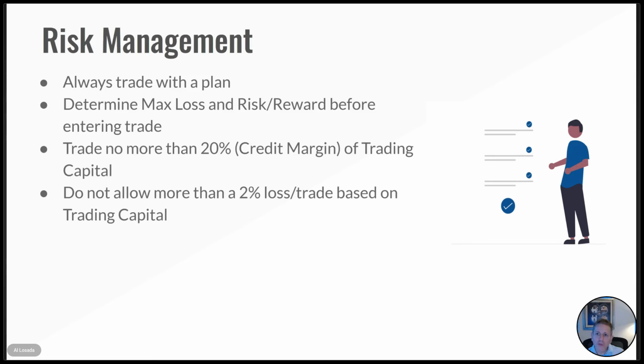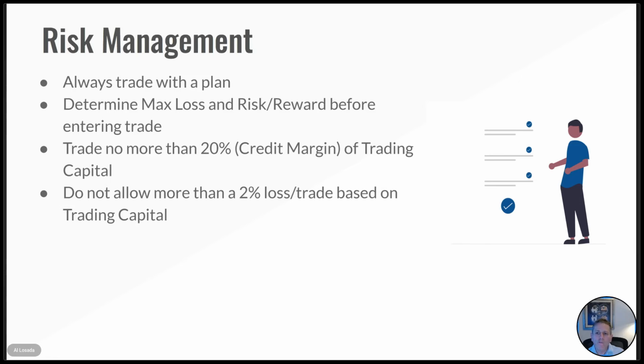You don't want to allow more than 2% loss, and a lot of times traders will use 1% instead of 2% of trading capital. As an example, using $10,000, your loss would be $200, and that's really the right point as far as taking a loss.